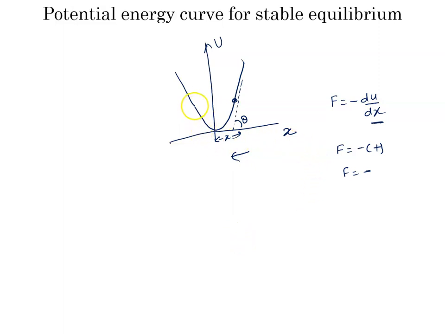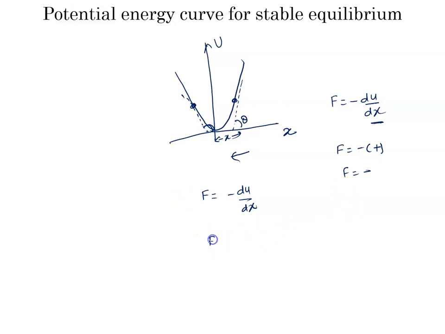Similarly, you can think if you displace the particle to the left side. Again we observe that F is given by the same formula, minus dU by dx. If you draw a slope here, I hope it is visible to all of you, this slope is negative because theta is an obtuse angle with respect to the plus x axis.